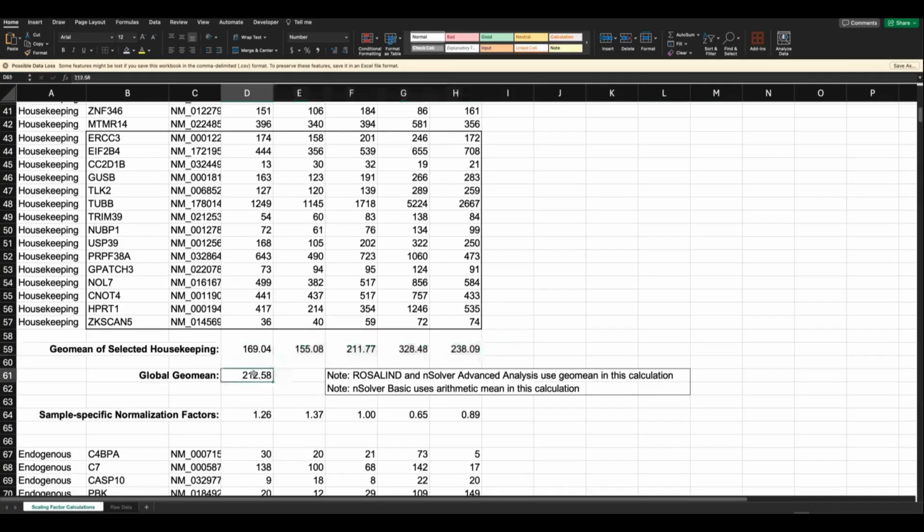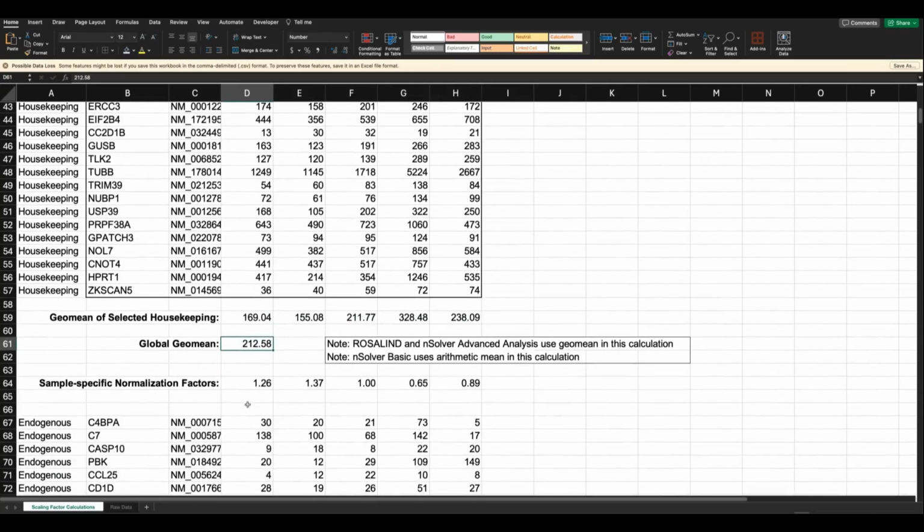That's represented here. Finally, to make our factors, we just do a ratio. It's simply this value versus this value. So this 1.26 is calculated from the global mean versus sample number 1. This 1.37 is the ratio between the global mean and sample number 2. And this is the ratio between the global mean and sample number 3.